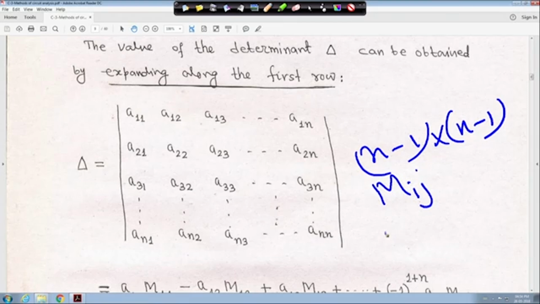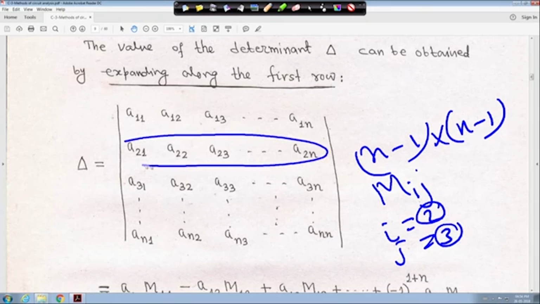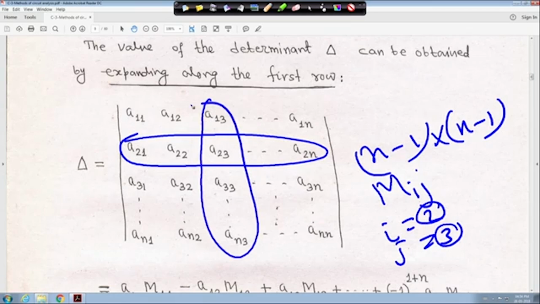Now suppose it is Mij, with i equal to 2 and j equal to 3, that means the second row and third column, right. So if you remove that row and column, just these two will go, and the rest of the elements will be there.